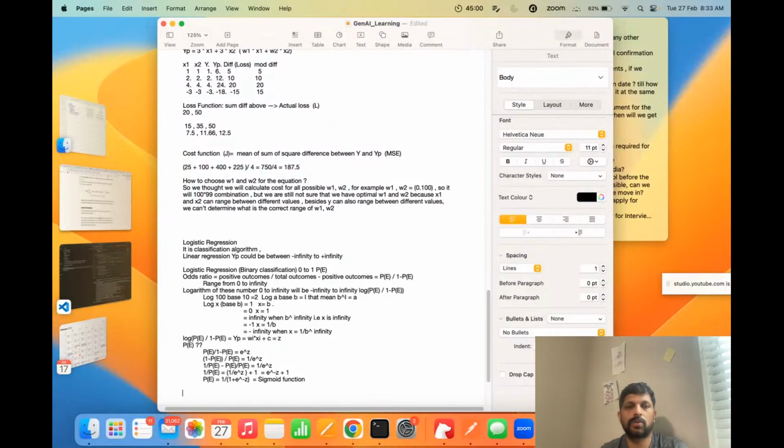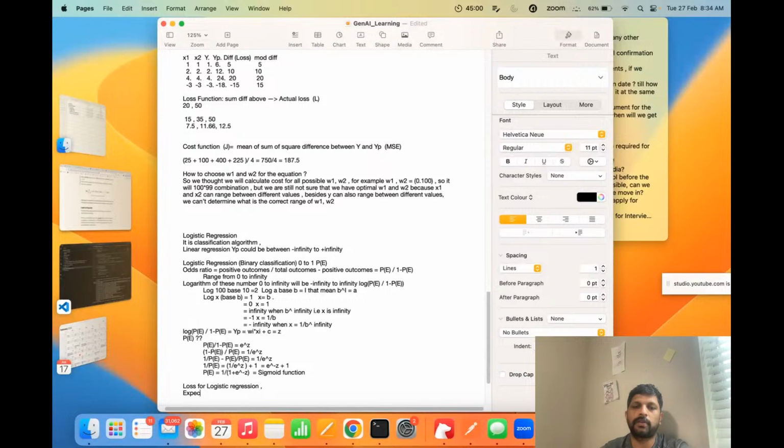So the loss for logistic regression goes like this. If the expected value is 1 and the output is p, then the loss is 1 minus p.